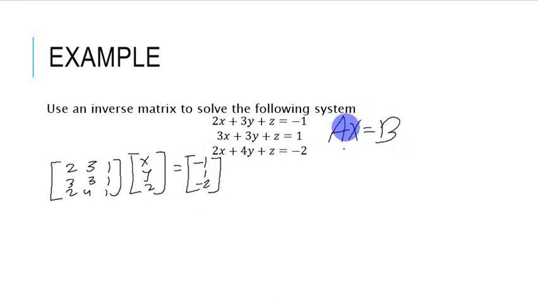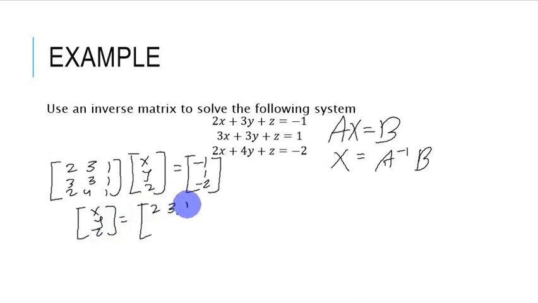According to the theorem, we can solve the value of this matrix X by multiplying the inverse of A to B. Therefore, x, y, z would be equal to the inverse of our coefficient matrix, multiplied to our constants.